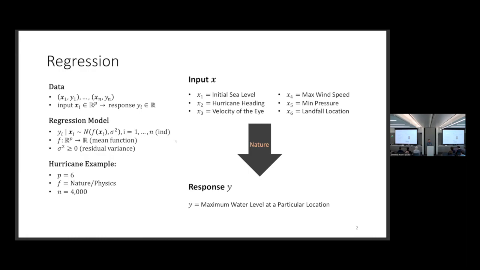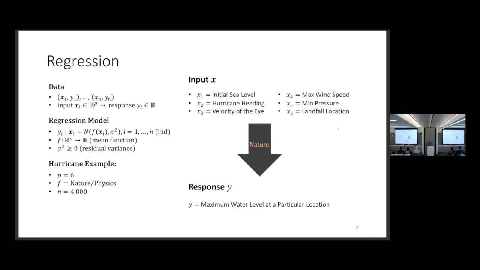So just as an example, we worked with this hurricane data that comes from a modeling and simulation framework. Here we have 6 different inputs: the initial sea level, hurricane heading, velocity of the eye of the hurricane, the max wind speed, the minimum pressure, and the landfall location.